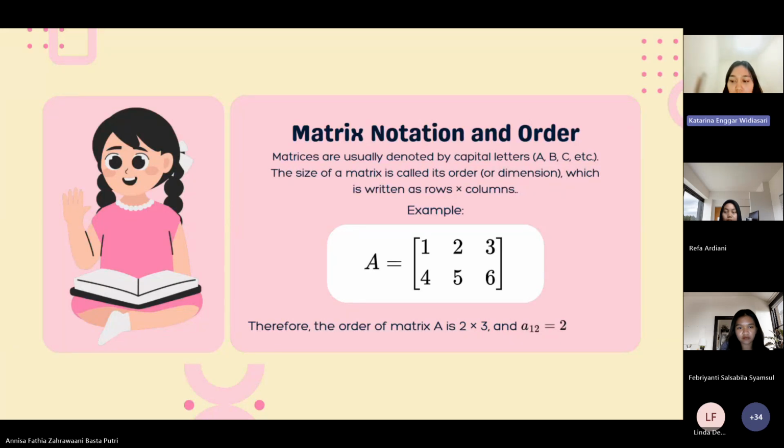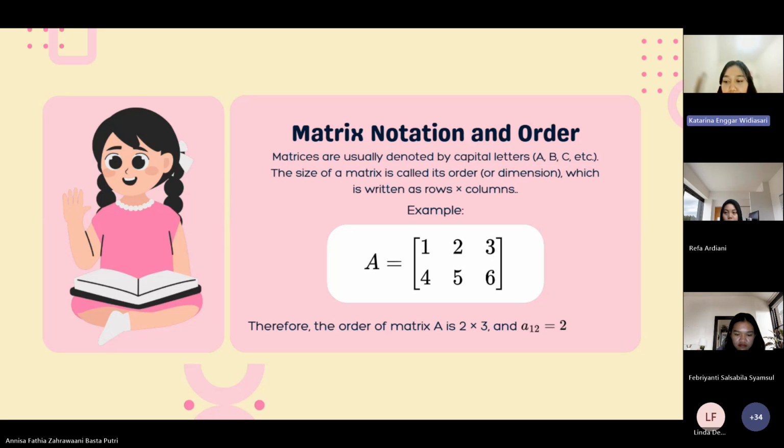A matrix is a rectangular arrangement of numbers organized into rows and columns. The size of a matrix is called its order or dimension. The order is written as the number of rows multiplied by the number of columns. So rows x columns, like that.